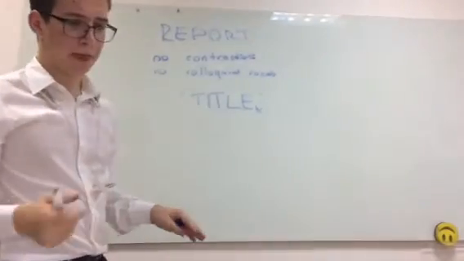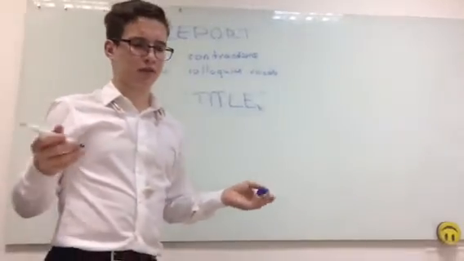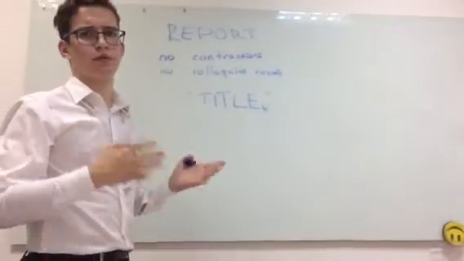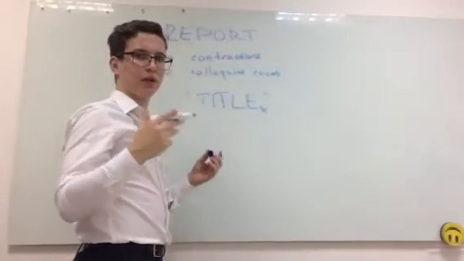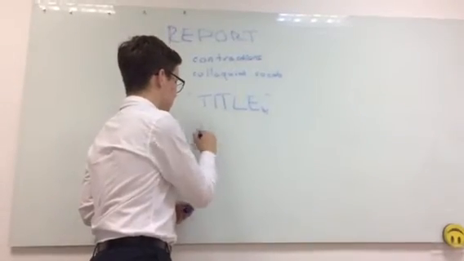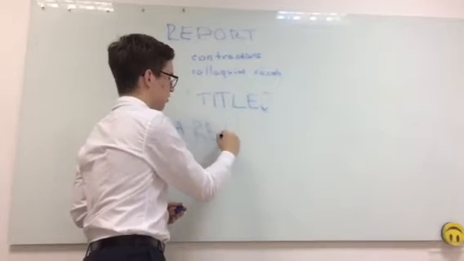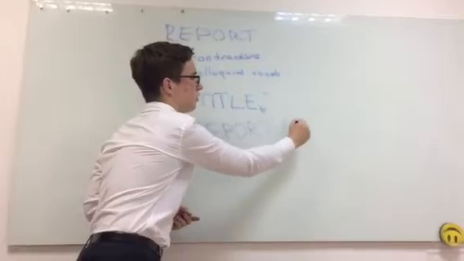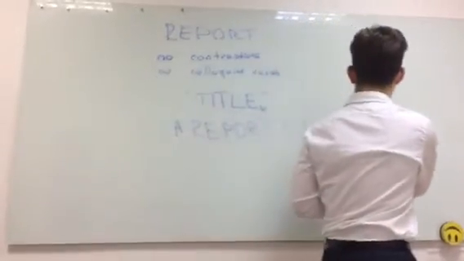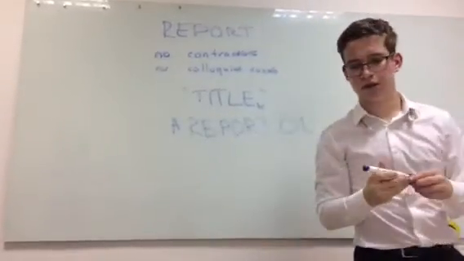It's foolproof. You don't have to make it very long, 4 to 5 words will be quite enough. And what you will have to write is a report on, and now pretty much whatever your topic is.